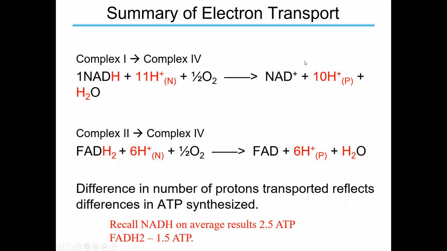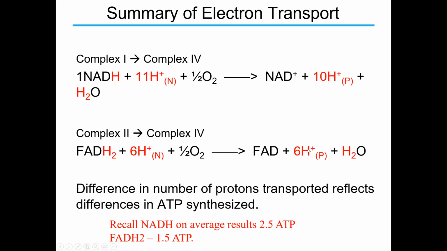If you look at the right-hand side, you will see that 10 protons are pumped into the P space, and 11 protons are consumed in the N space. This is a balanced chemical equation. When electrons are transferred from complex 2 to complex 4, you can see that on the P side, we are only pumping 6 protons.